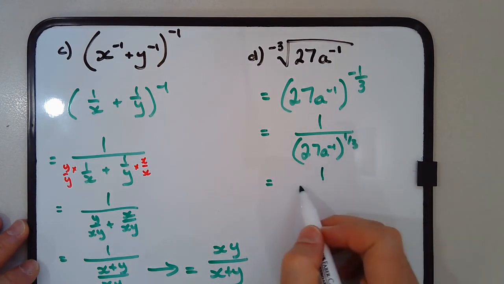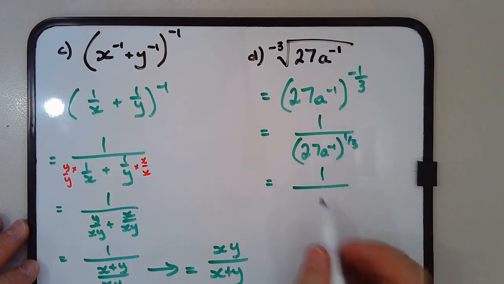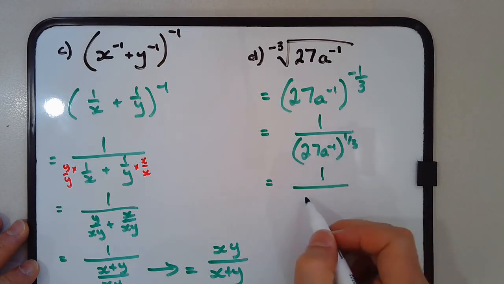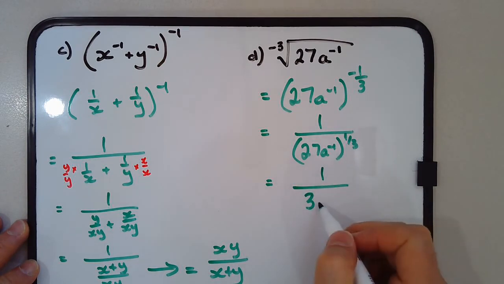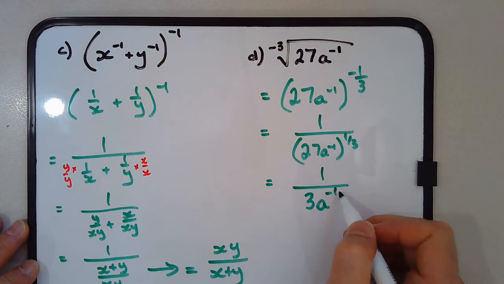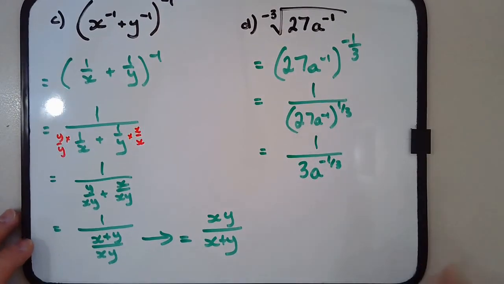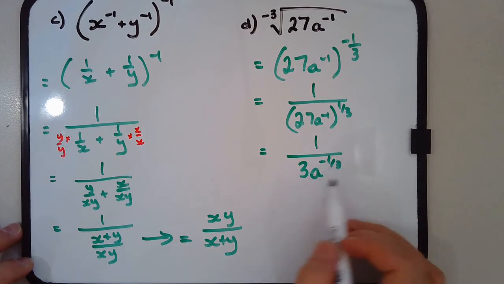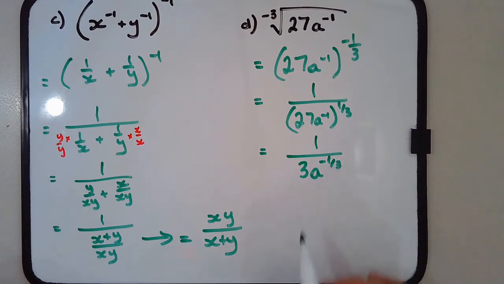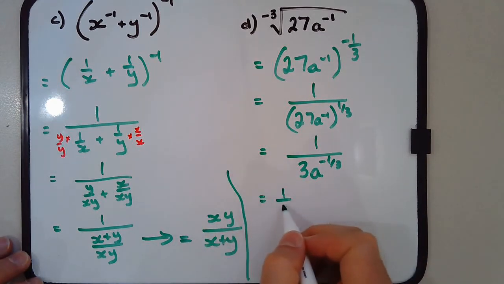So let's expand the bracket. So that's going to be cube root of 27, which is 3. And then we have a to the -1 on 3. Okay, we're not done yet because we still have really a fraction inside a fraction. You've got this -1 on 3. Okay, so that's just 1 on 3.